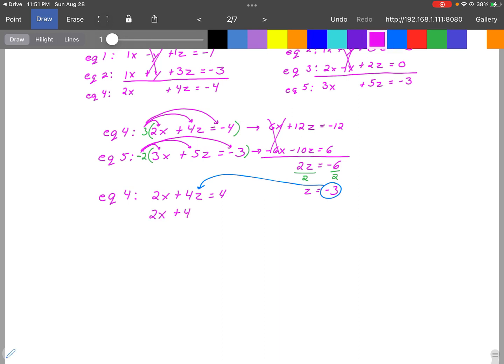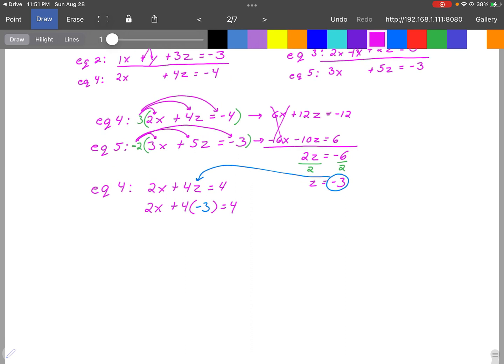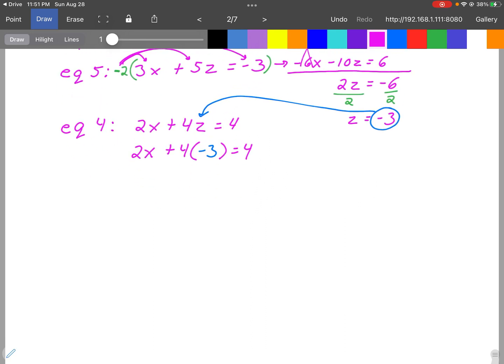So then that's going to give me 2x plus 4 times negative 3 equals 4. So then I can solve this. So I'm going to keep my 2x, but then 4 times negative 3 is a negative 12, and that still equals 4. Then I can add my 12 to get rid of it, and then that's going to give me 2x equals 16.